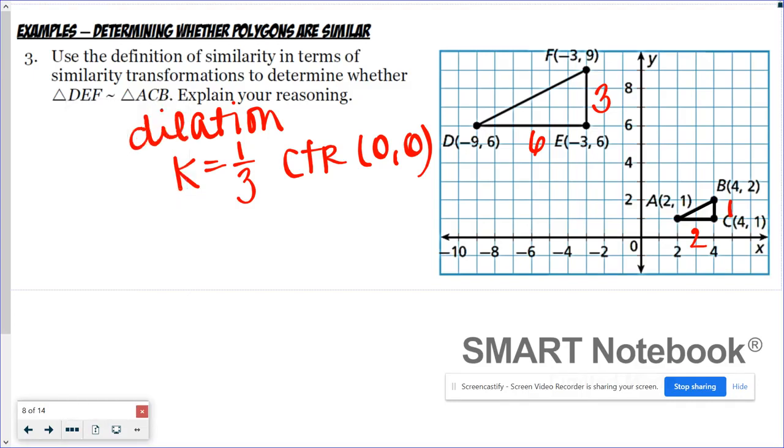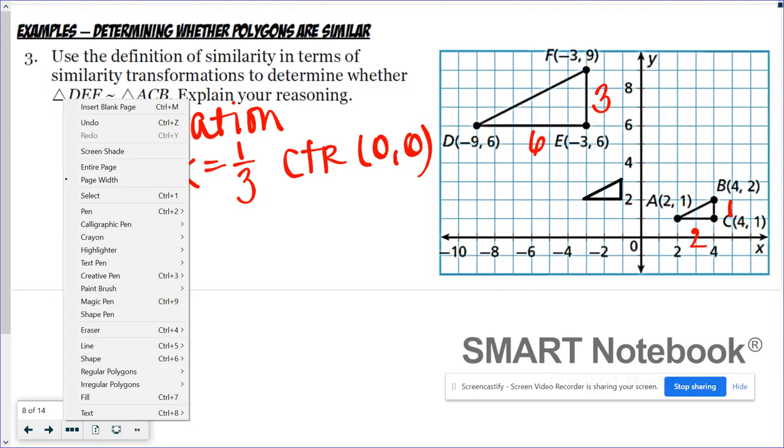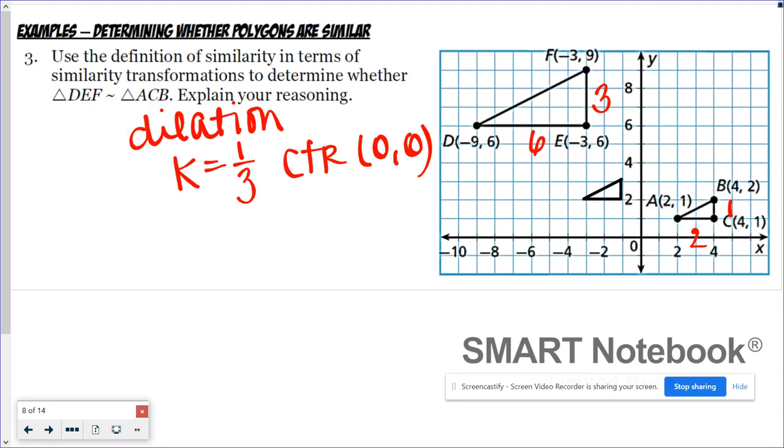So let me get this tool out. Here we go. That would be the new DEF. So D would now be at (-3, 2), and E would be at (-1, 2), and F would be at (-1, 3).